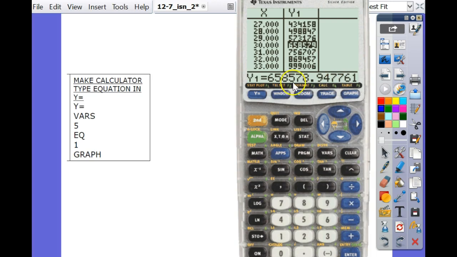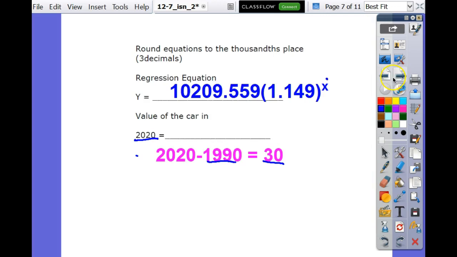And so this is the value of the antique car after 30 years out of the table. If it's rounded a little differently, that's okay. Oh, I miscopied a number. This is an 8?